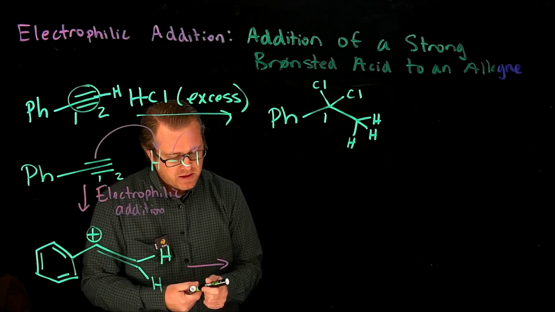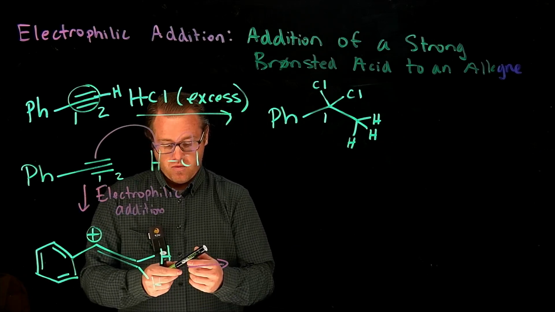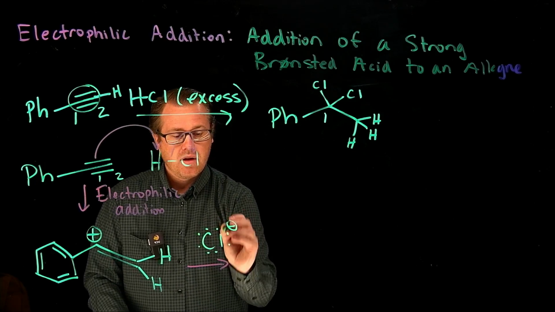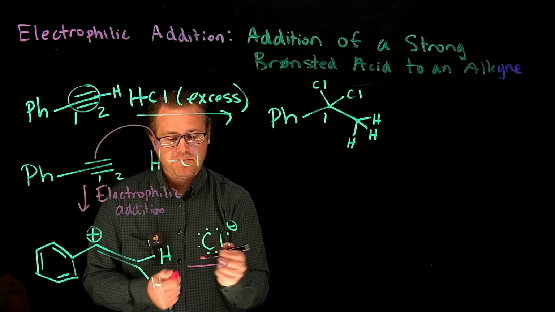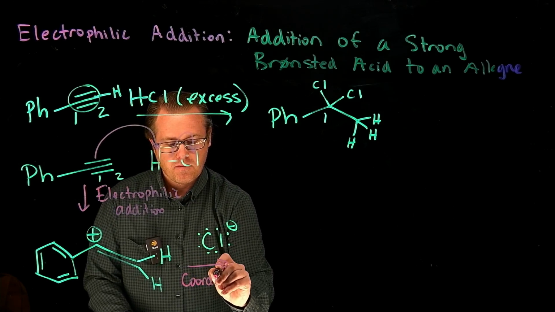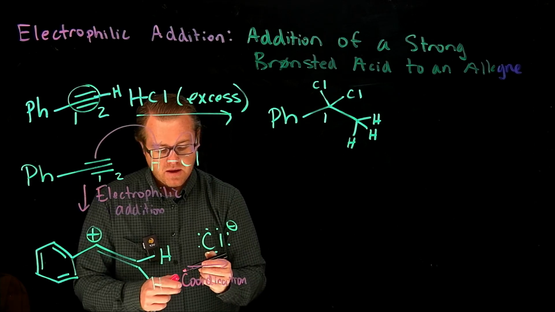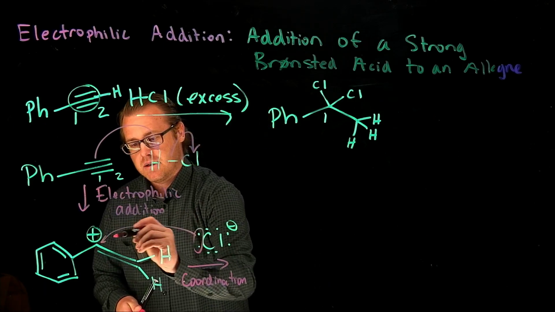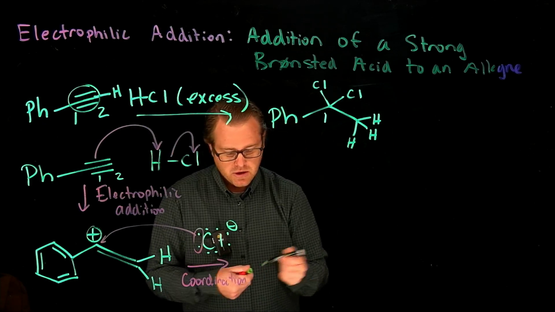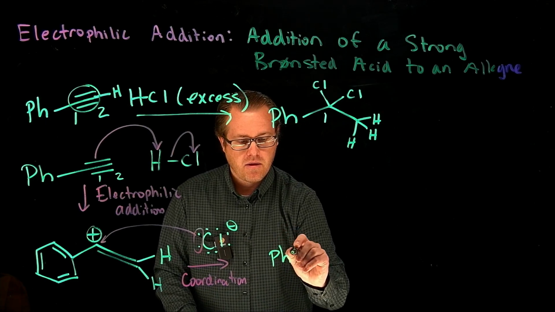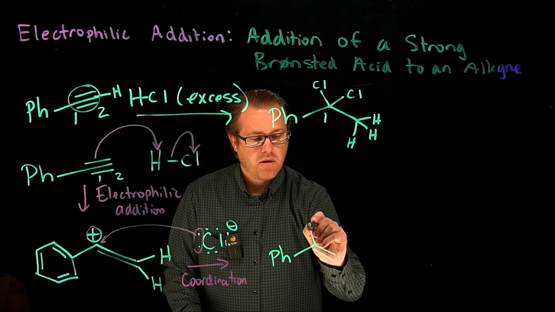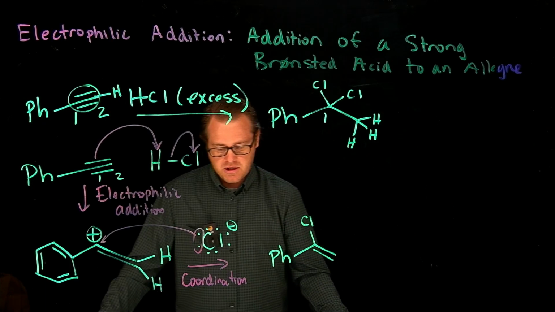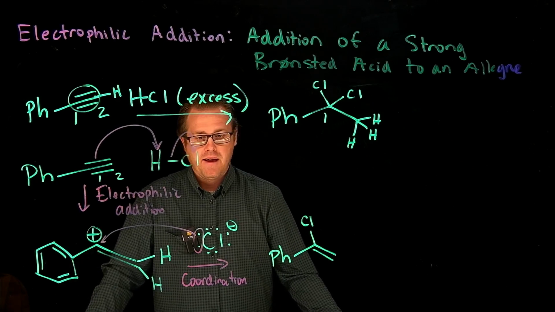And so now we still have the chloride floating around. So we will do a coordination step. Take those electrons, attack right there to generate the product represented like that. And then we will do the same two steps all over again.